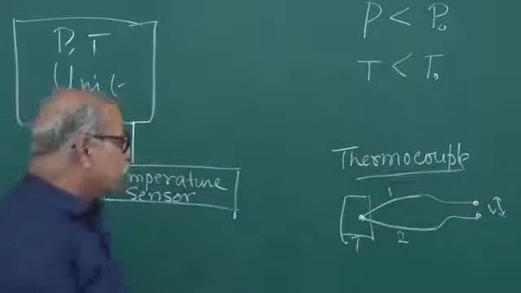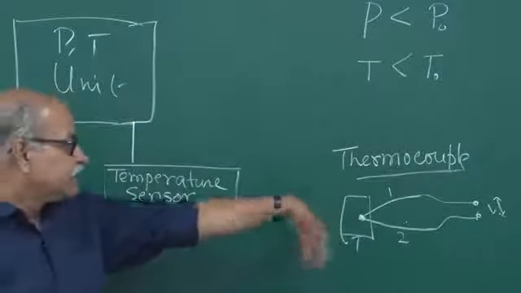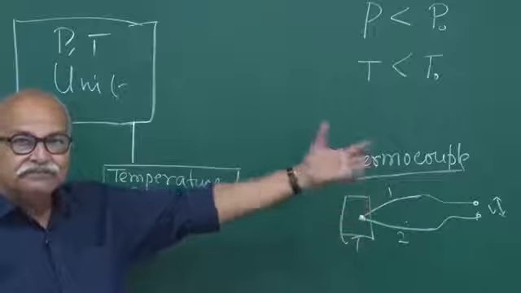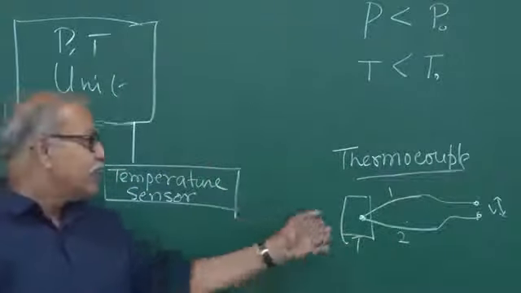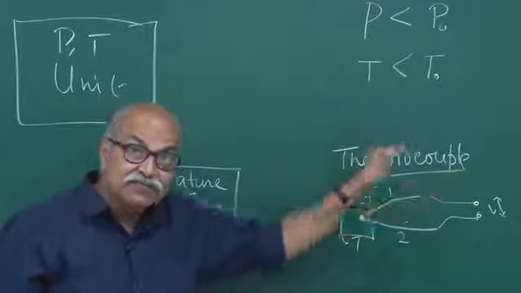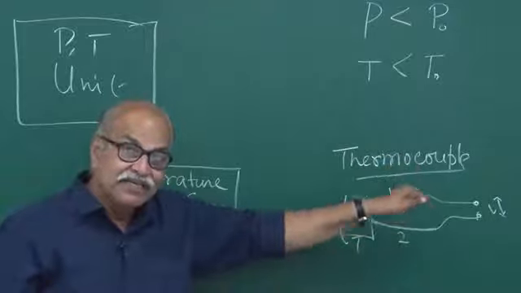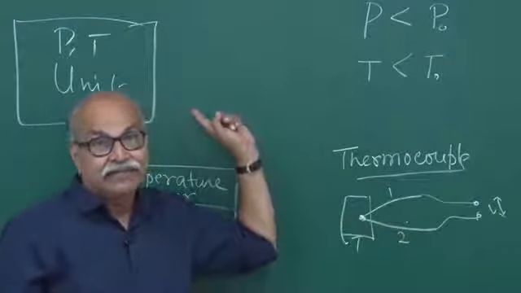So, this is an analog circuit, this is an analog sensor. It creates a voltage which can continuously vary; the temperature can continuously vary and the voltage can continuously vary, and each value of this voltage is significant. Each value of this voltage is telling me what the temperature is at that instant.